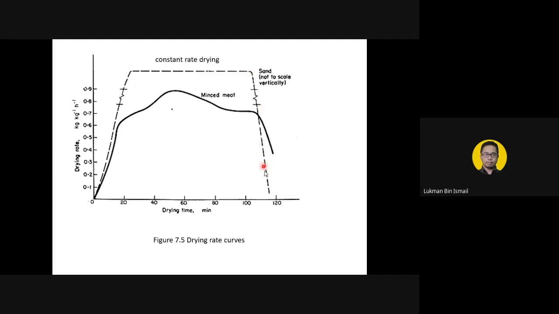Then you have a reducing rate of drying. This is a typical curve for minced meat. Some of my students doing their FYP do the drying curve for different types of food material.